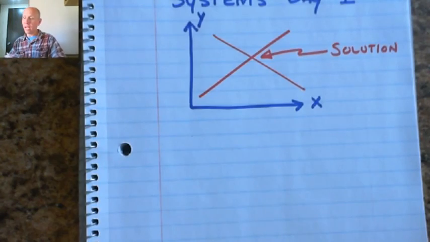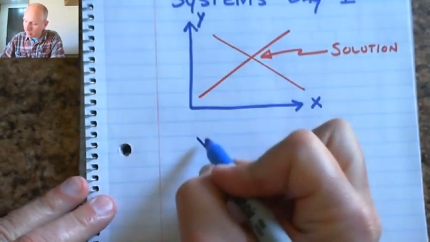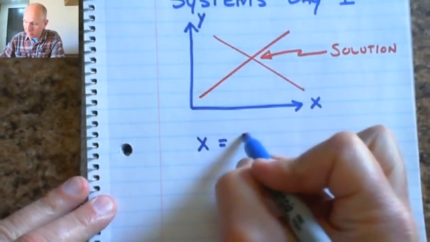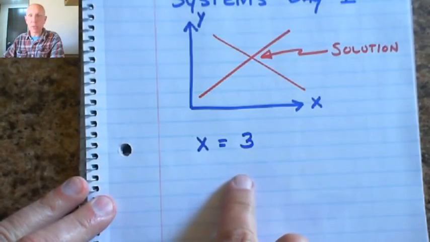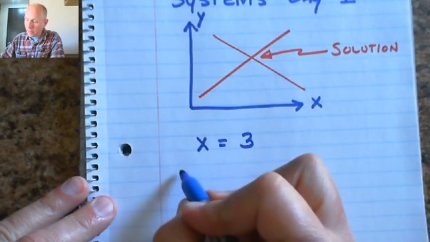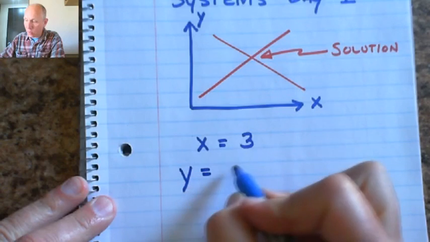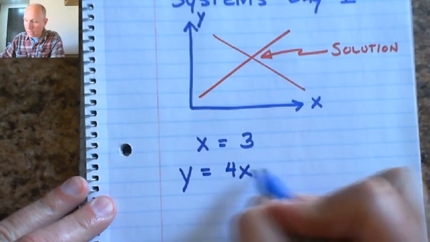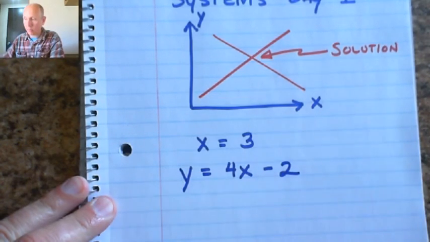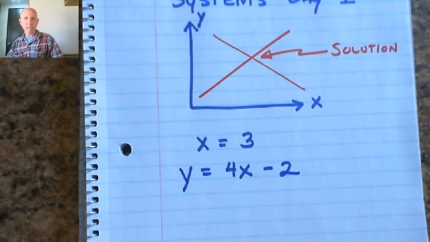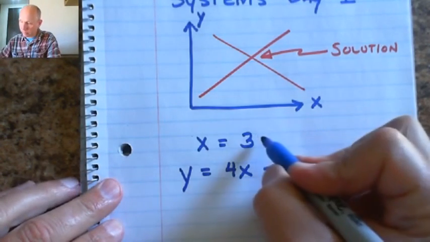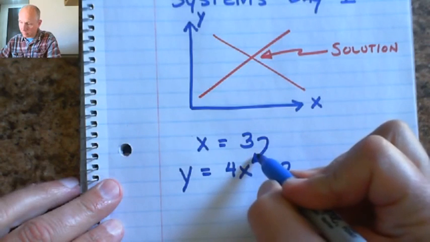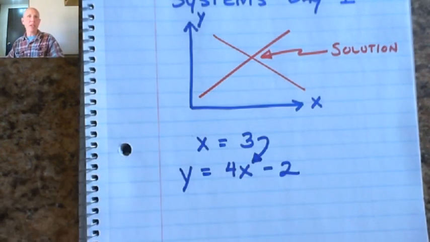So if I know that x equals 3, and I have a slope-intercept equation of y equals 4x minus 2, I'm going to plug in the 3 and get the y. So what is y?